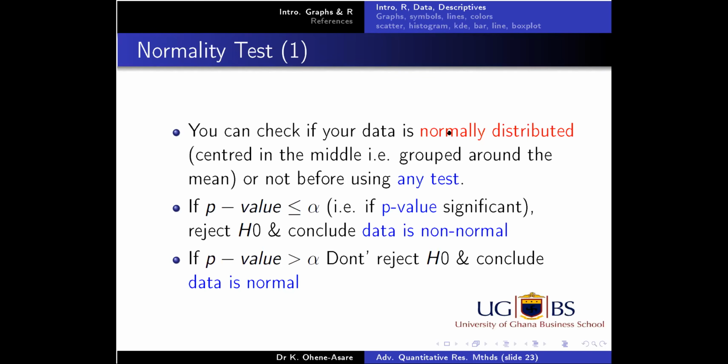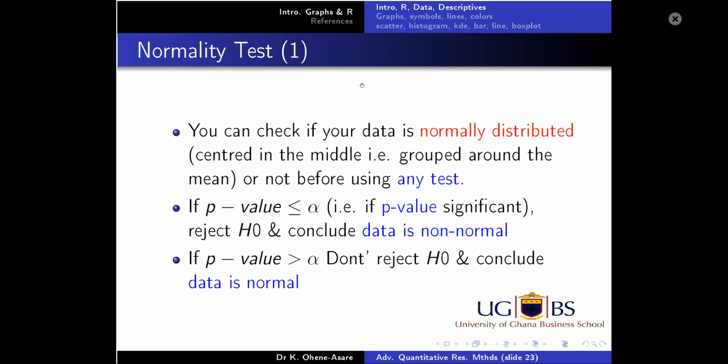Cynthia, would you want your data to be normally distributed? Yes. But why? So that it will tell you how they are related or not. No, hold on. I asked you, would you want your data to be normally distributed?